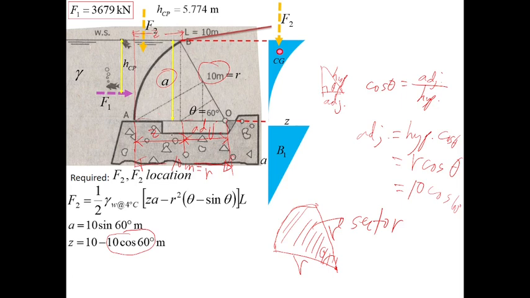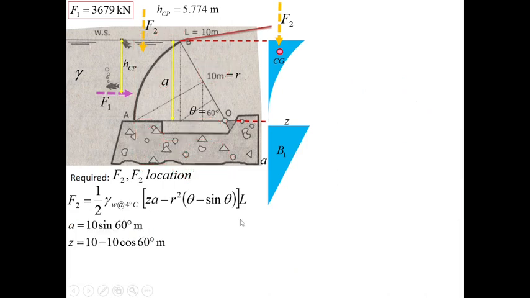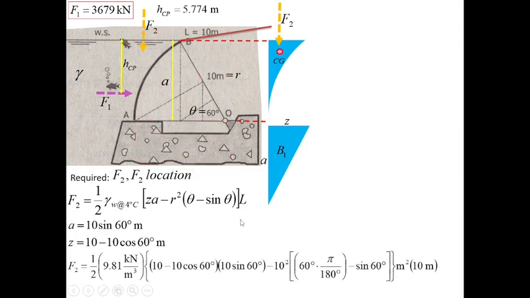Okay? So, therefore, yung Z natin ay total length 10 minus yung adjacent na 10 cosine 60 degrees. Kaya 10 minus 10 cosine 60 degrees yan ang Z natin dito. So, and then, we can solve for F2 now.